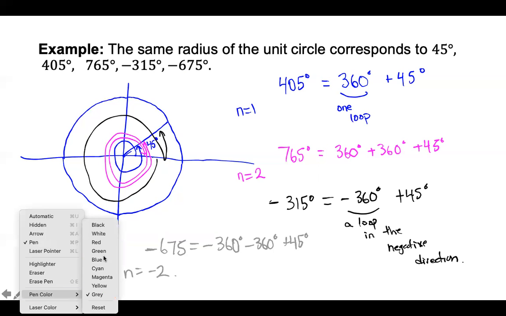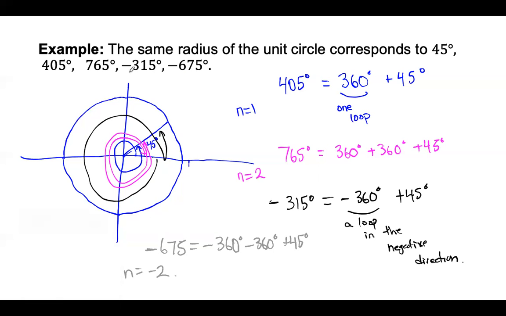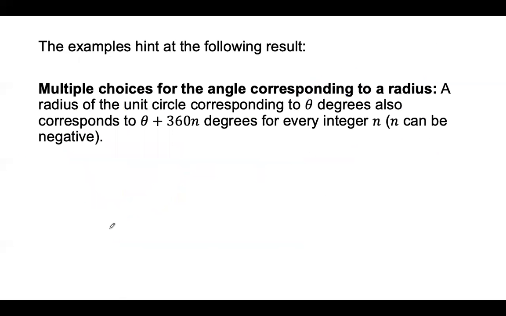So what did we just learn? Essentially, we can add multiples of 360 degrees to our angle, and we get that same angle. So this example hints at the following result. Multiple choices for the angle correspond to a radius.